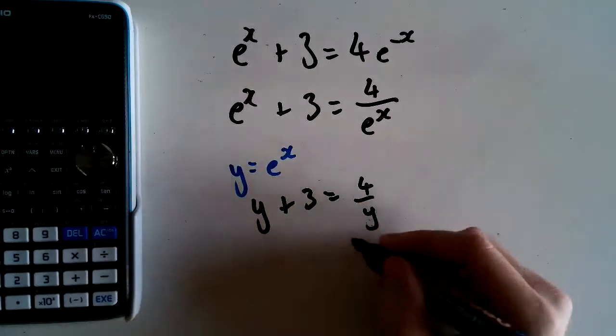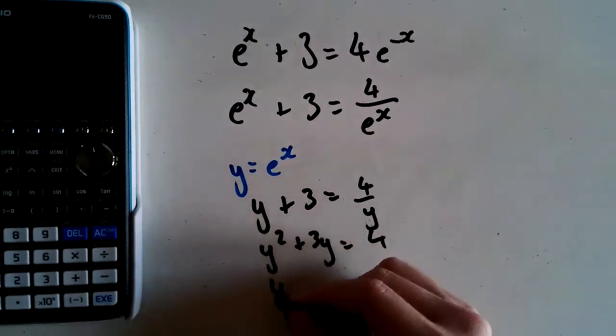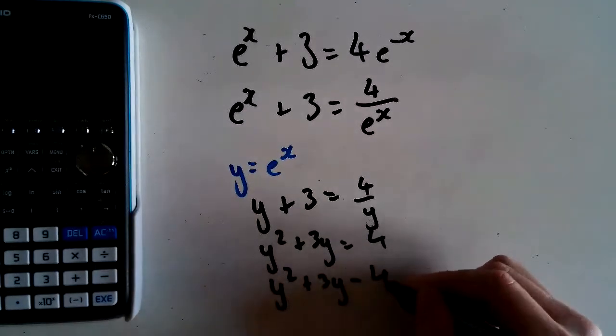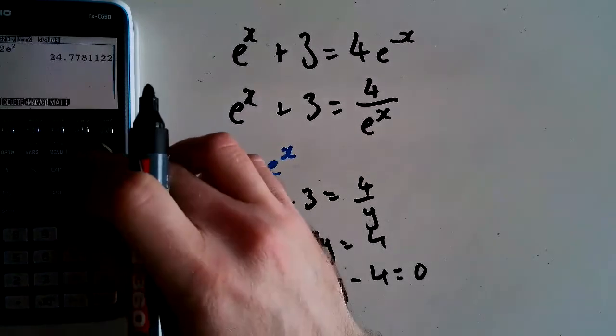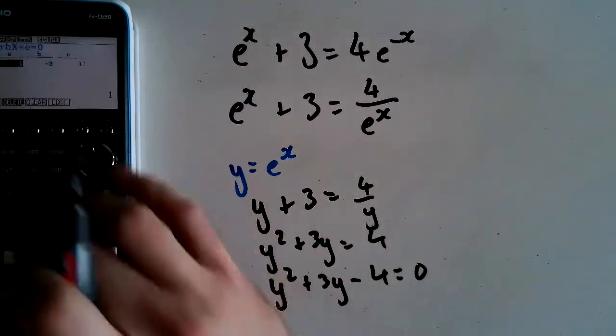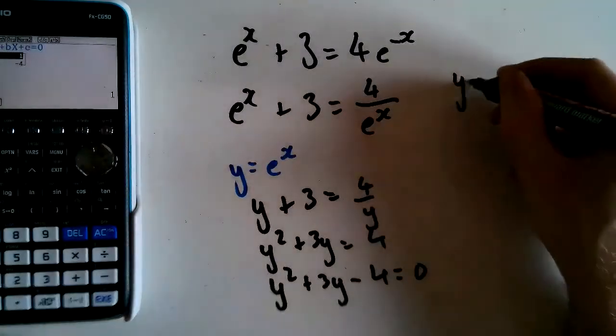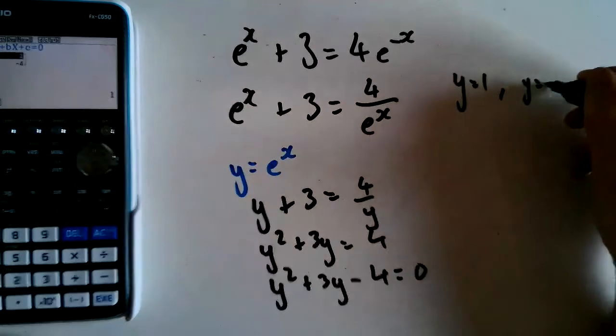Times both sides by y. So y squared plus 3y is 4. Take the 4 over, and then solve that. It's not a hard one to factorize: 1, 4, so we get y is 1, or y is minus 4.